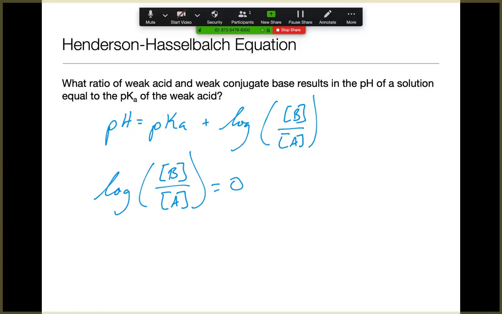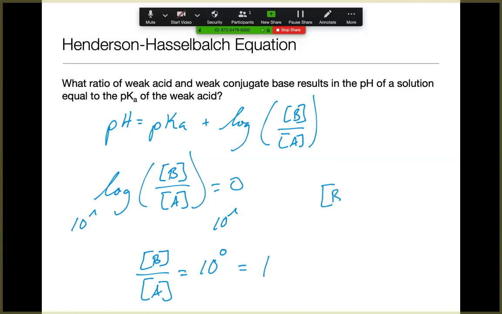So if I do this, I can exponentiate both sides. So that means 10 raised to the power, that will get rid of my log. So it's telling me the ratio of base to acid equals 10 to the 0th power, and anything raised to the 0th power is 1.